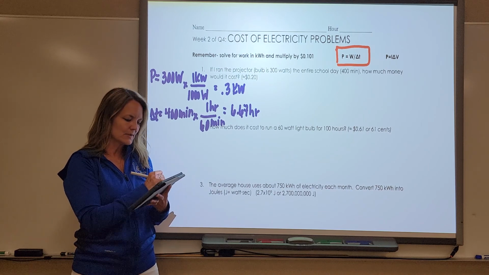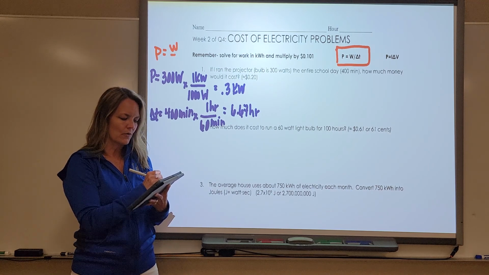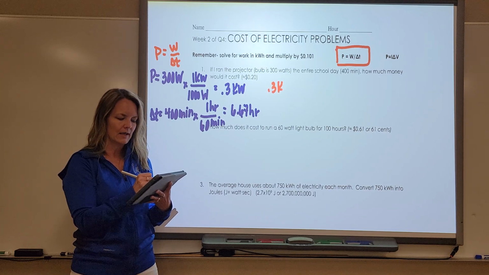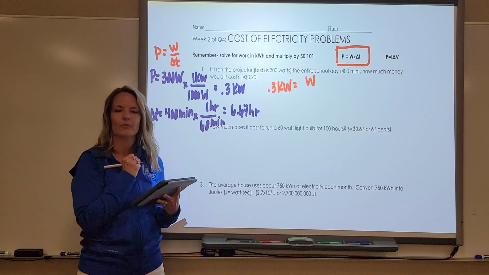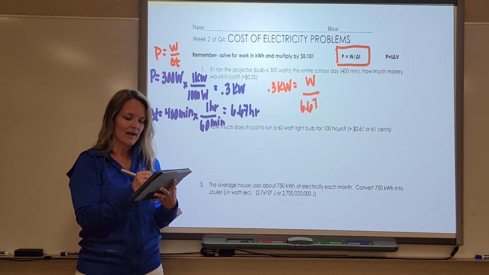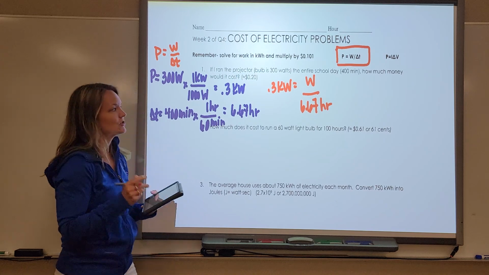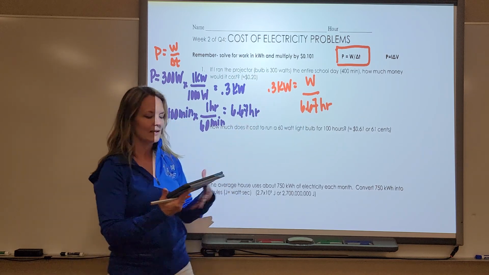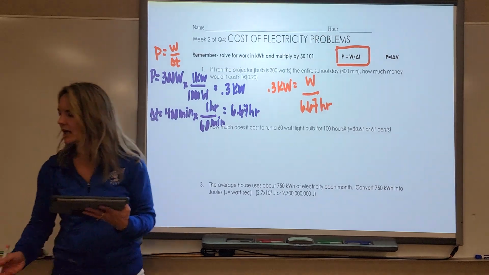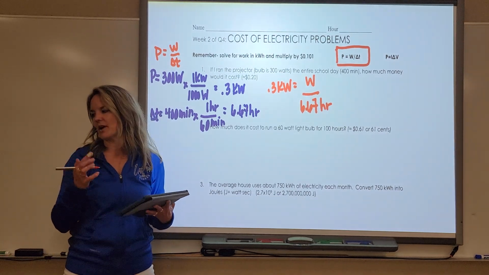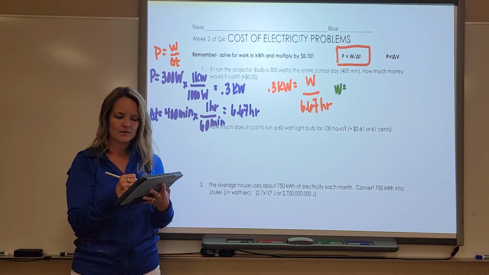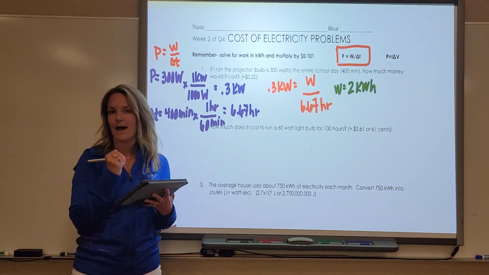So I am using power equals work over time. I know my power is 0.3 kilowatts. I'm going to solve for my work done in 6.67 hours. I just need to multiply that over. It gives me a little over 2. I'm just going to round it. I got like 2.001. So I'm going to say the work is 2 kilowatt hours.